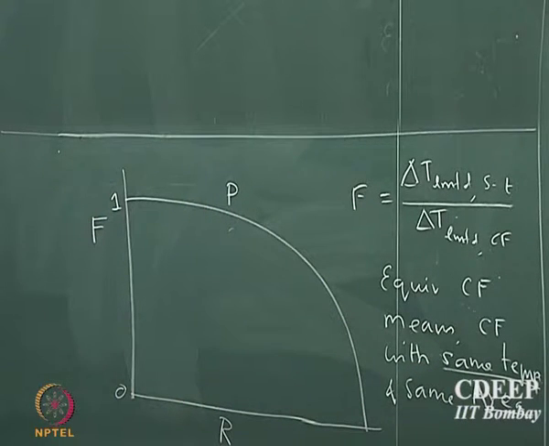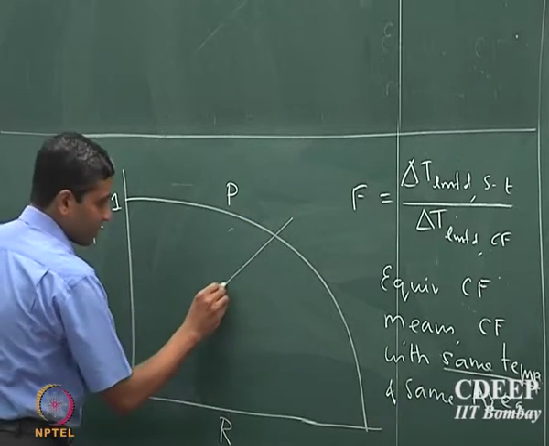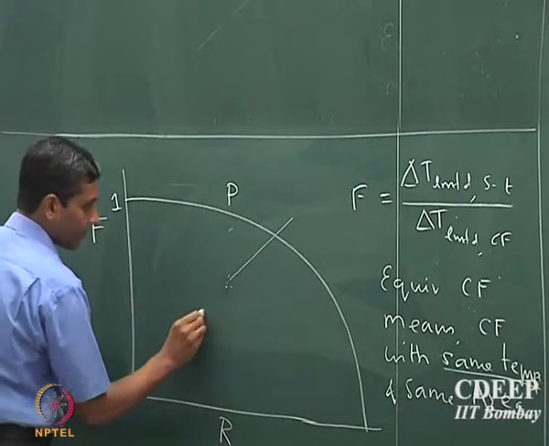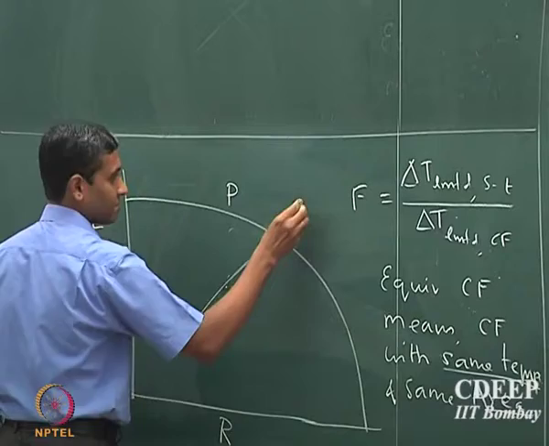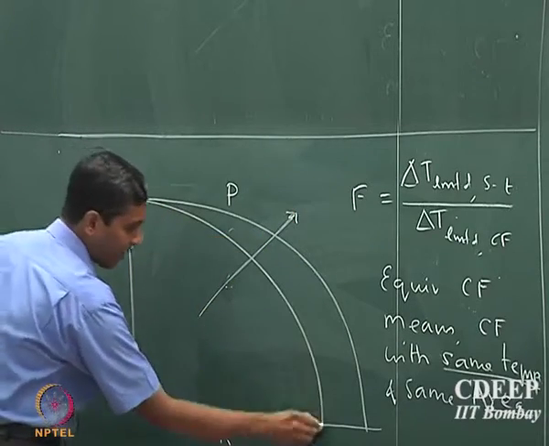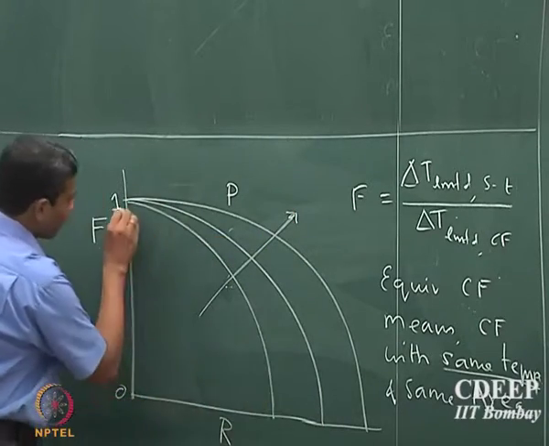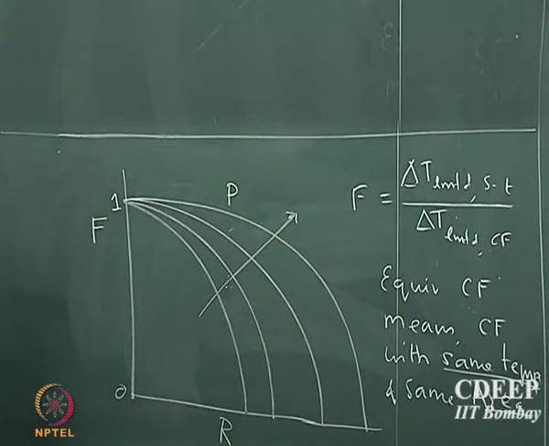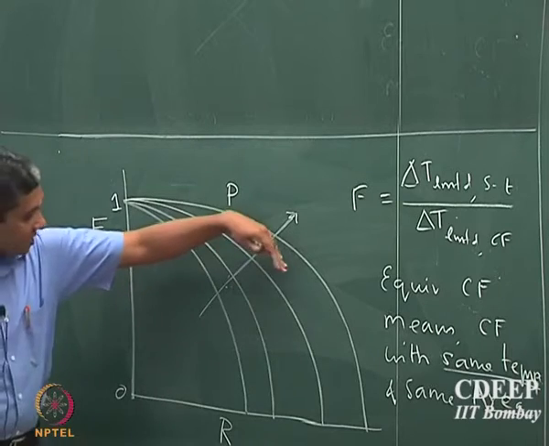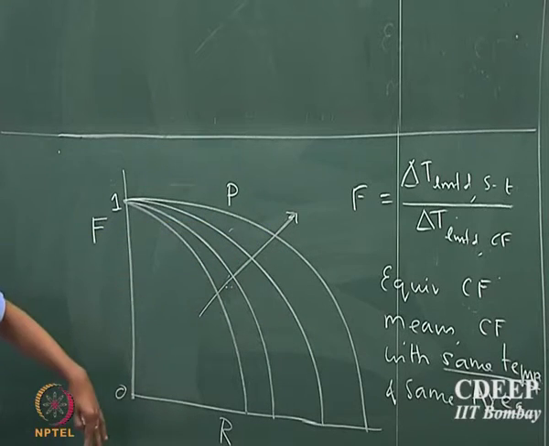Okay. So, now as P is decreased, this is the kind of profile that you will get for this fraction F. As you decrease P, you will go closer to the origin.